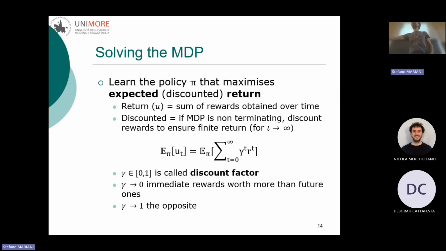So you can turn any infinite horizon problem into a finite horizon problem. That's just more or less a mathematical trick. This discount factor, that is actually the gamma parameter here, is the factor that realizes this idea of discounting the rewards, and is obviously a factor that must be comprised between 0 and 1.